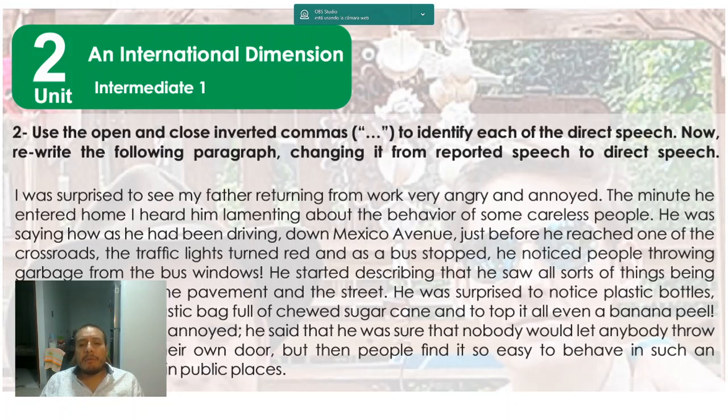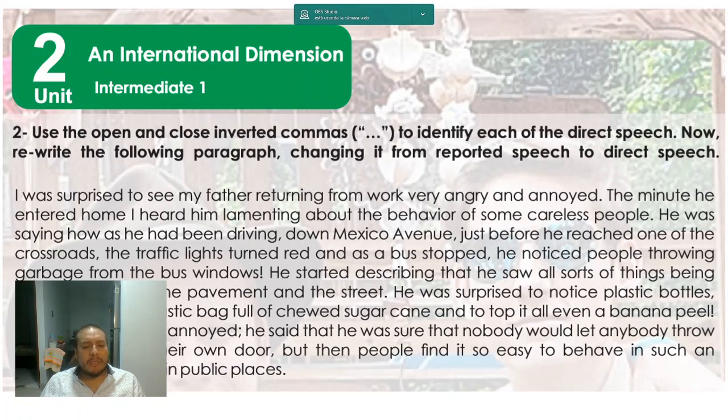He started describing that he saw all sorts of things being thrown both onto the pavement and the streets. He was surprised to notice plastic bottles, chewing gum, a plastic bag full of chewed sugar cane, and to top it all, even a banana peel.